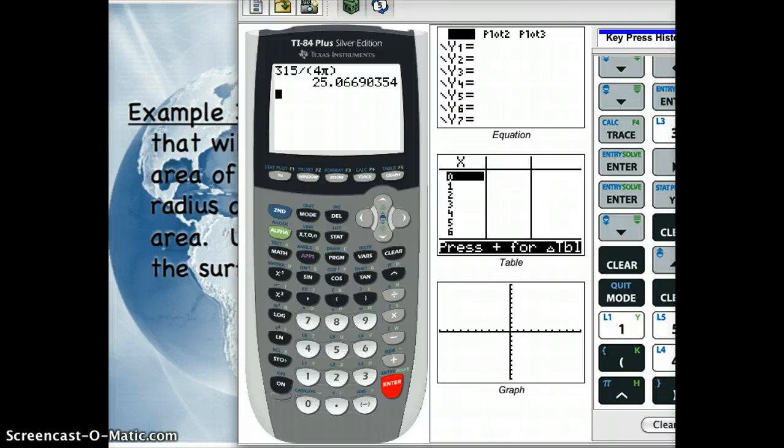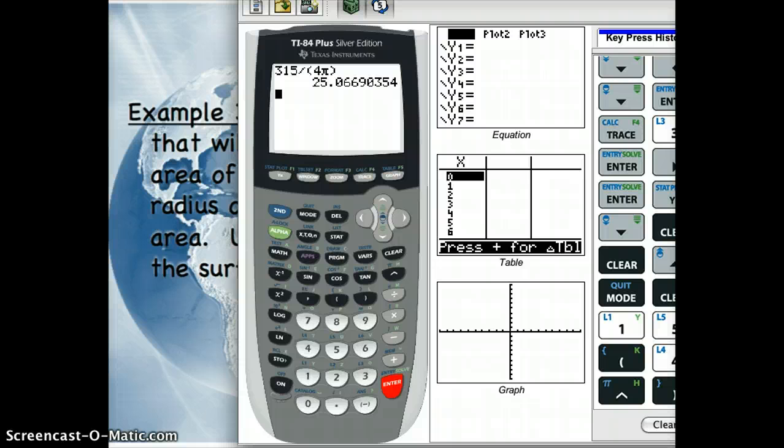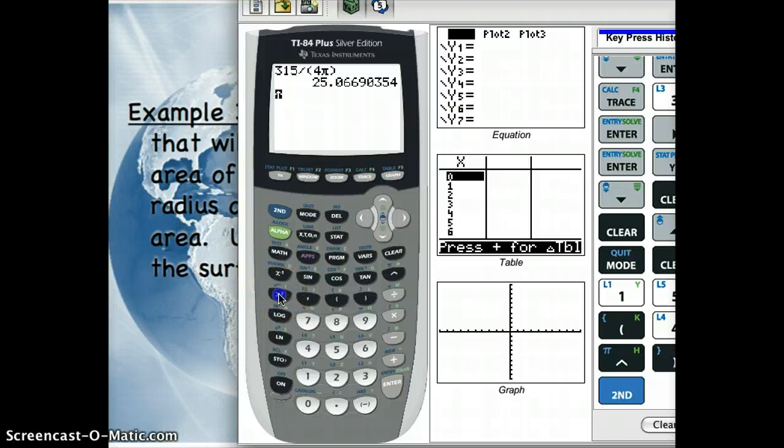All right, so when I've done something like that, it looks like about 25.066, I'm trying to recall, right? That's about r squared. So if I take the square root of both sides here, the easiest way to do this on a graphing calculator is to put in your square root symbol like you usually do, so it doesn't have to round.